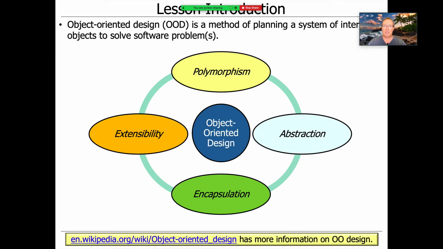So object-oriented design, of course, is basically a method for planning how you put together the elements of a system of interacting objects in order to solve some set of software problems which have functional and non-functional requirements. And the key themes, the key concepts that underlie object-oriented design are abstraction, encapsulation, extensibility, and polymorphism.